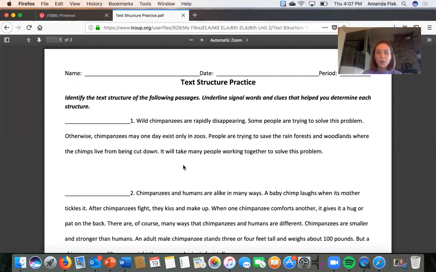The answer is no. Is this an example of cause and effect? And then I go through this and I ask myself, no. Is this an example of putting things in order or sequencing? The answer is no. Is this describing something or giving me the characteristics or details about it? So no. So therefore, I know this one has to be problem and solution.